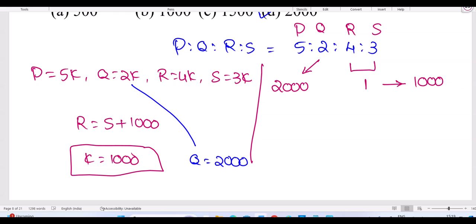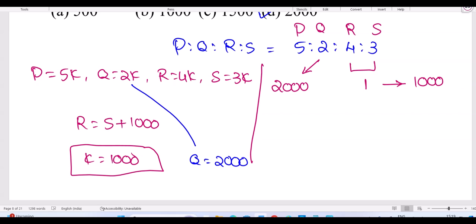Suppose I want to make this question difficult, then what will I do? I will give PQ, QR separately. Then R and S difference is 1000, and we need to calculate Q. Means you need the exact joint ratio. At least QR is a joint ratio.